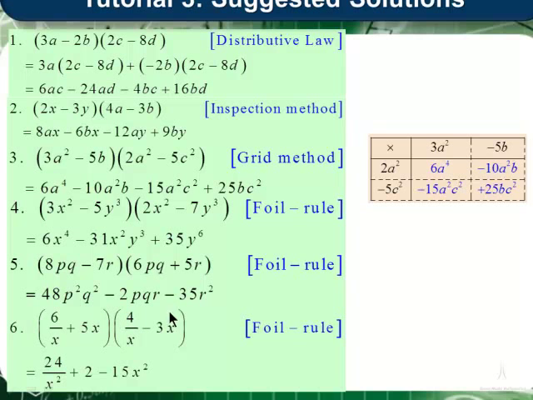So 20 minus 18 gives us the plus 2, which then forms the so-called middle term of this expansion of the two binomials. And finally, multiplying the last terms together, we have minus 15 times x squared. Now this gives us a very good overview of the exercises linked to products of binomials in particular.